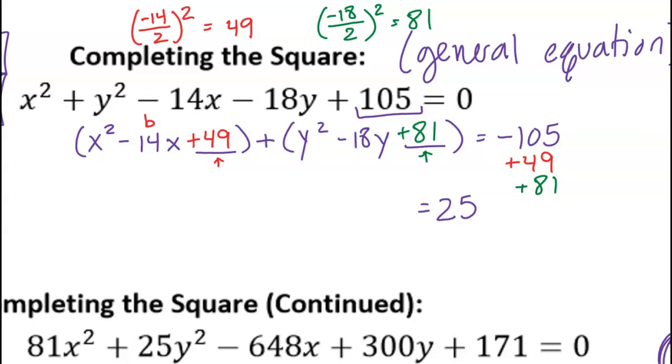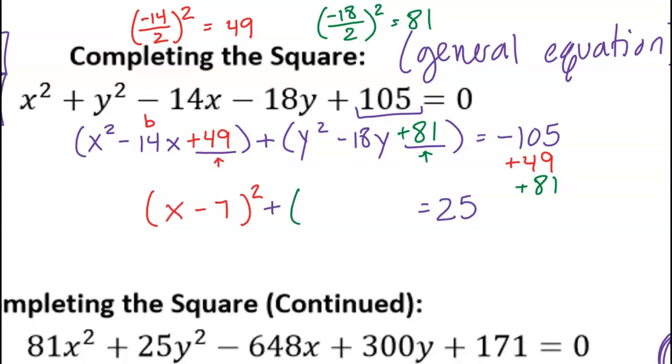And what we're now going to do is complete the square for both of these individual quadratics. Remember, you don't actually have to factor here. All you have to do is take your b value and divide it by 2. And I have completed the square for the x quadratic. And then you do the same thing for the y.